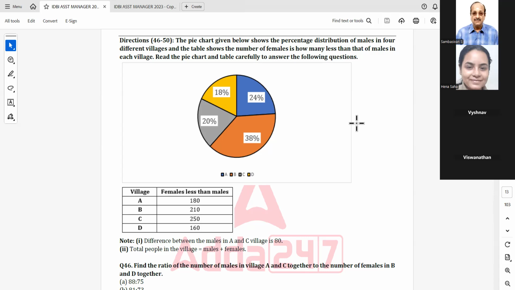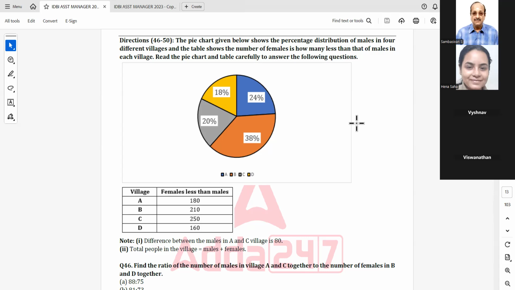No, 400 plus 150, because the females are 150, so 550 is the total population of C. I went wrong.